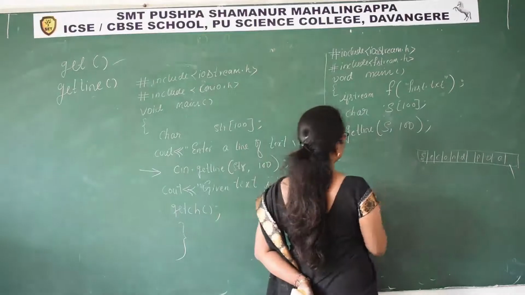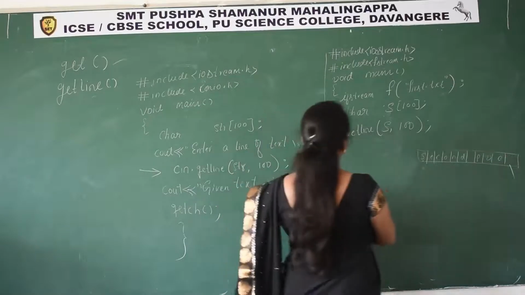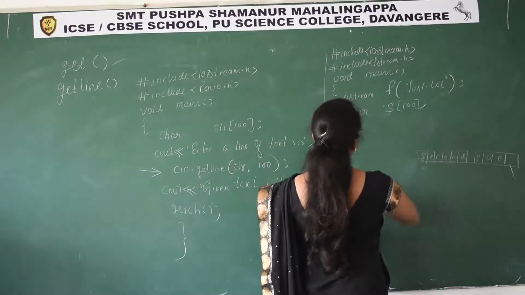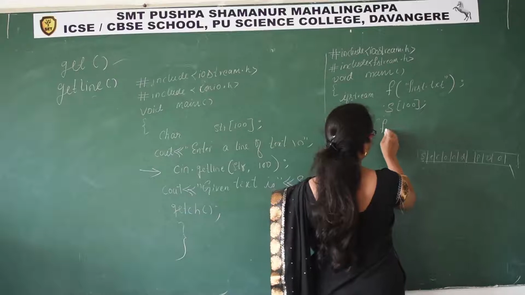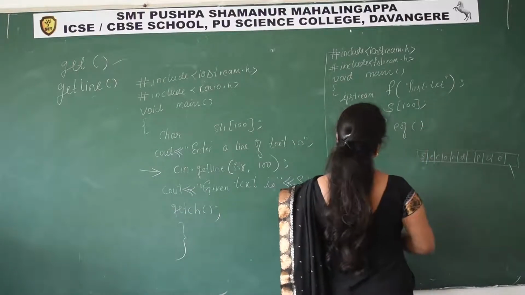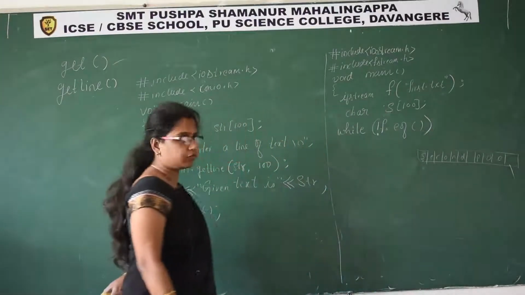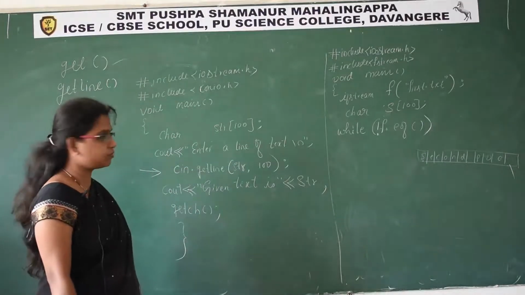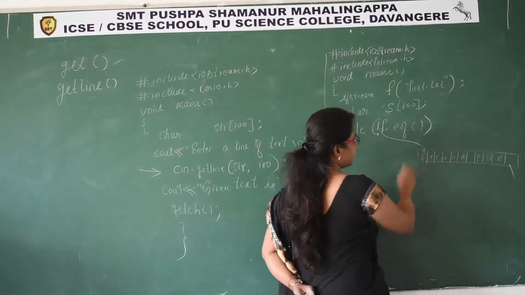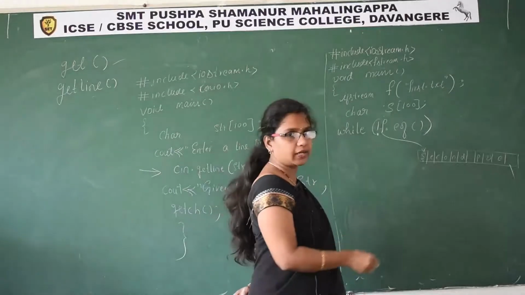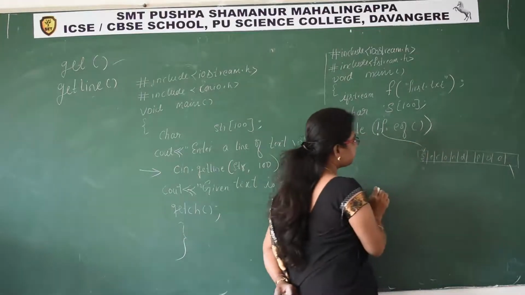Or you can check like this: while not f dot eof. f is a file object, an object of the ifstream class, so it points to the address of the first character in the file. eof, end of file, is a member function.